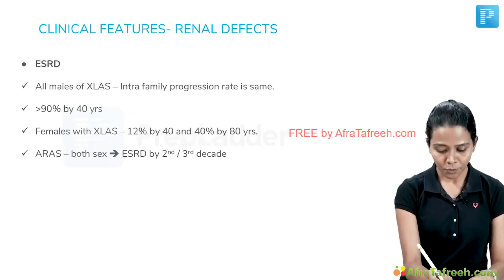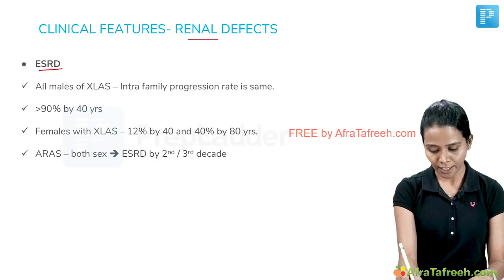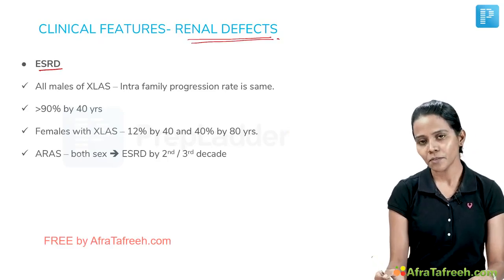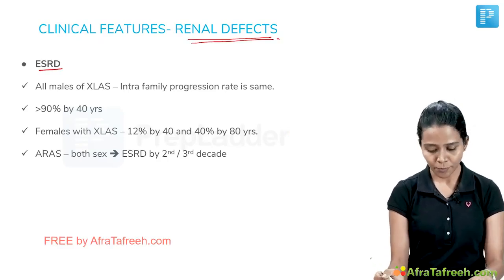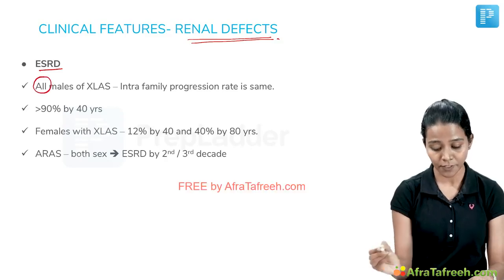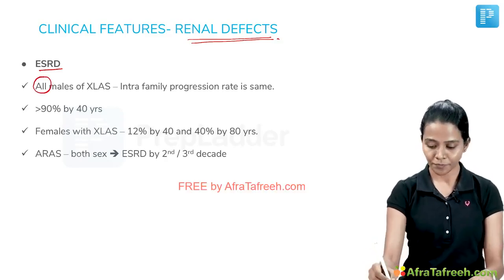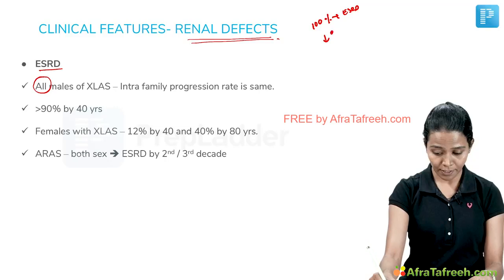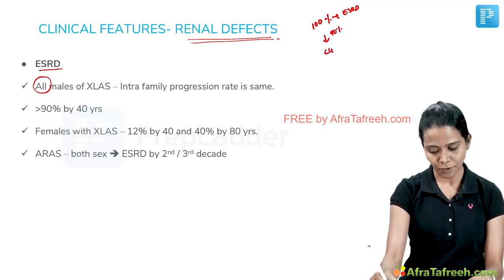Now, coming to renal defects that can be seen in these patients. ESRD. All males with X-linked Alport syndrome develop ESRD. That is a big thing to tell. All males with X-linked Alport syndrome, that is 100% of patients, develop ESRD, out of which 90% develop it before 40 years of age.